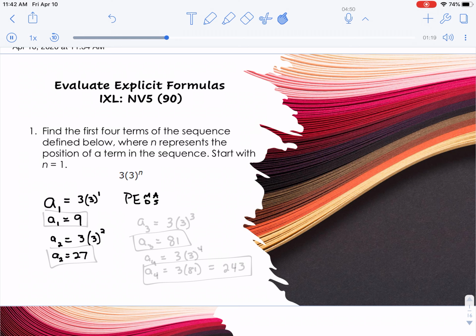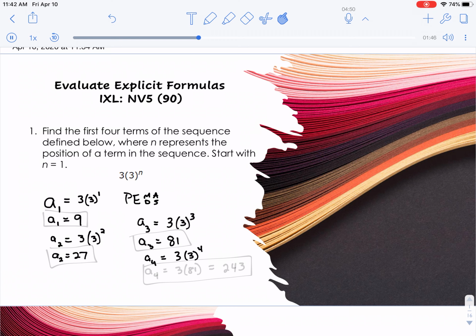All right, and a sub 3, that'll be 3 times 3 to the third power. So a sub 3 is 3 to the third power, which is 3 times 3 is 9 times 3 is 27. And 27 times this 3 gives us 81. And then a sub 4 is 3 times 3 to the fourth power.